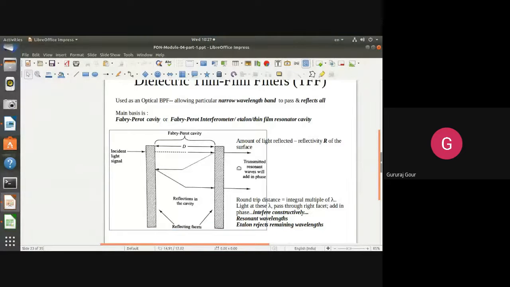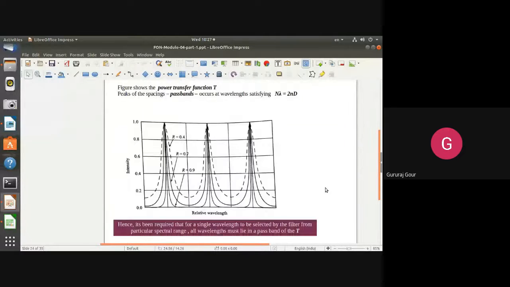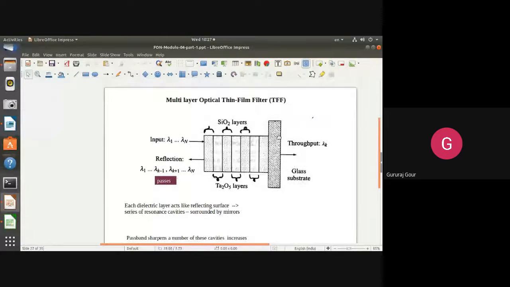Now, for selective wavelengths, in the multiple-layer optical filter we are using multiple layers.